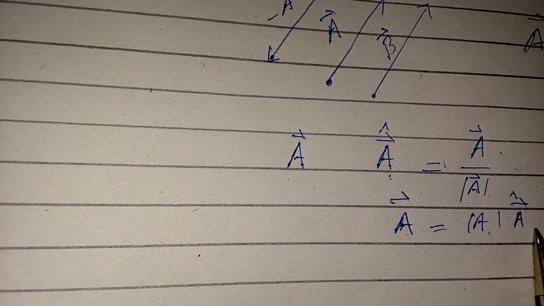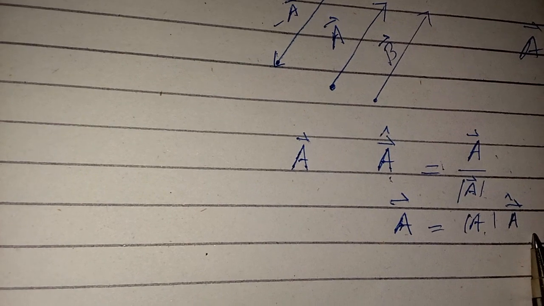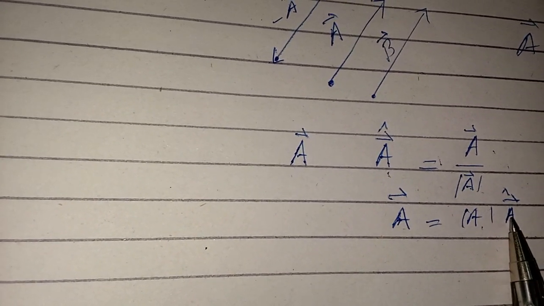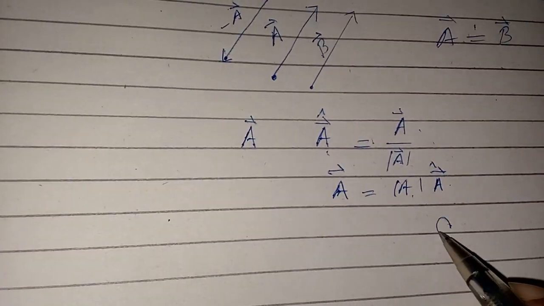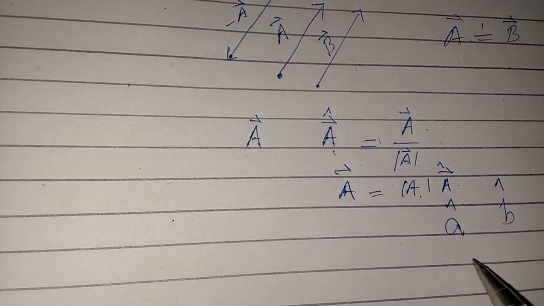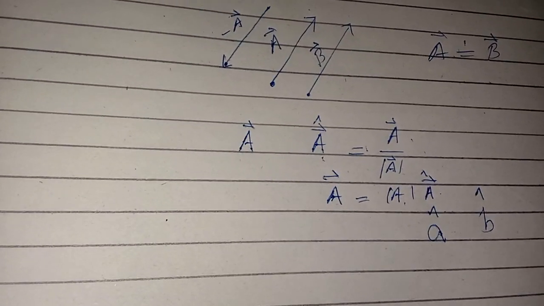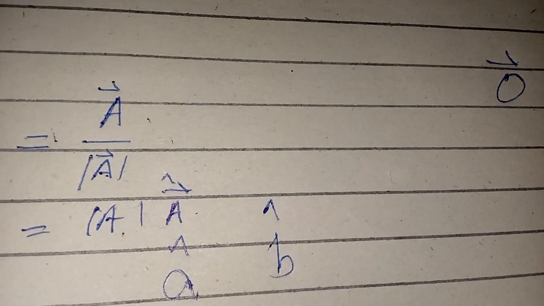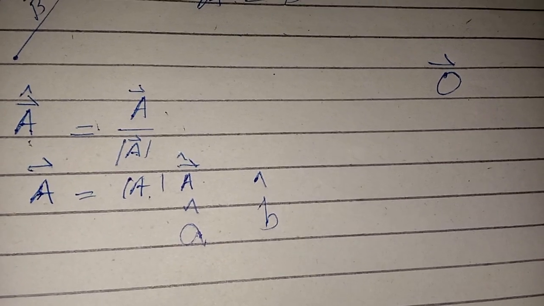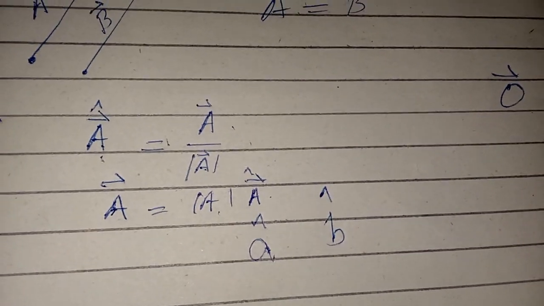Note that to emphasize the fact that a particular vector is a unit vector, we put a hat or a caret over it as A hat, B hat, and so on, etc. Null or zero vector.